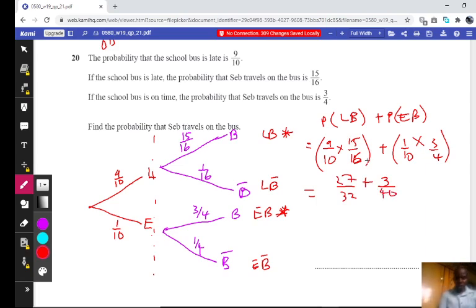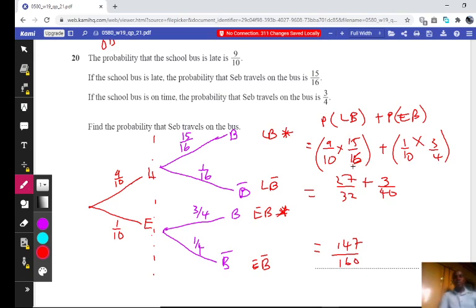Then you add them together. You get 147 over 160. That's the answer.